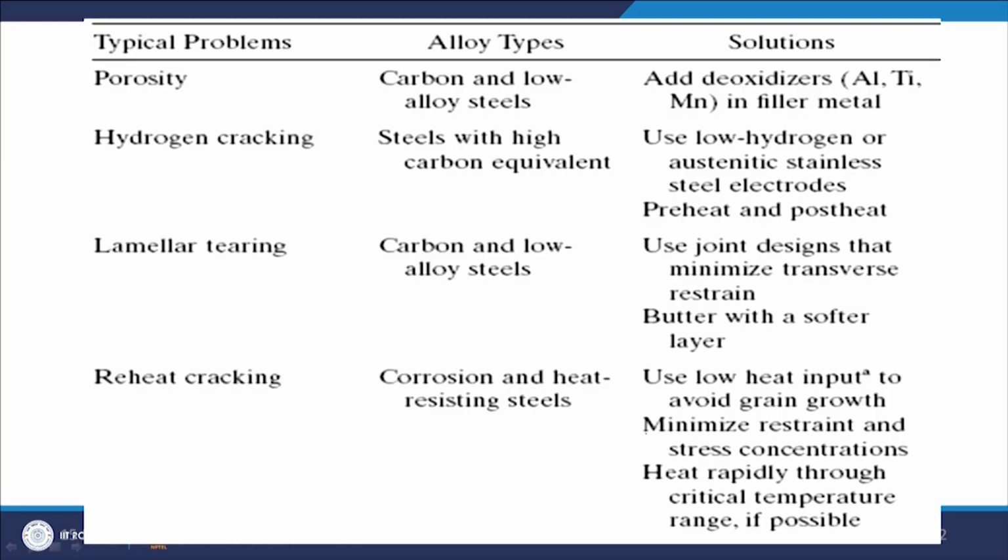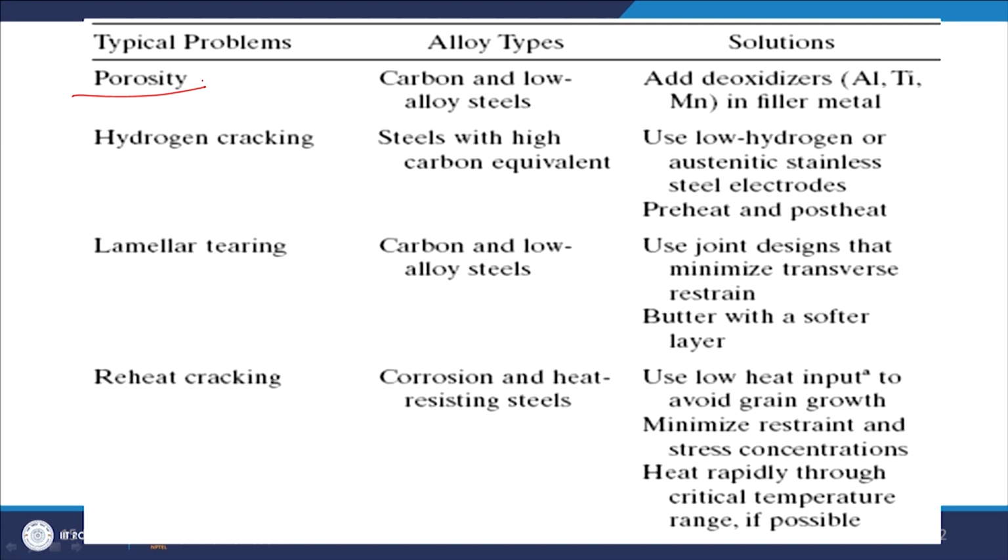Now, we will see some aspects of the weldability of transformation hardening metals, a typical one being steel. The factors that govern the weldability of steel include the following. Whenever steels are welded, they show a tendency for porosity formation, mostly low carbon steels.